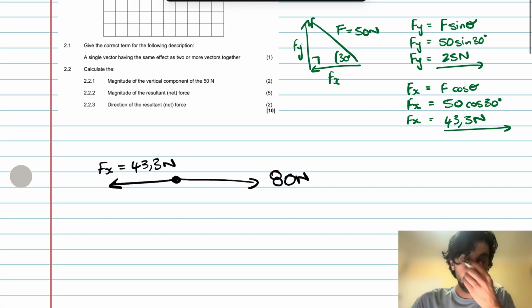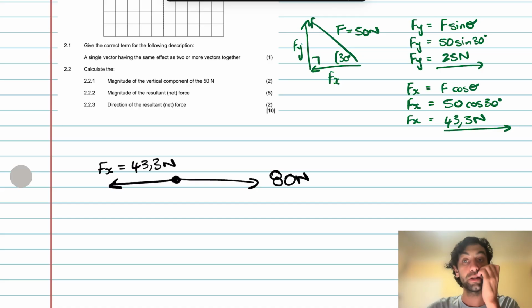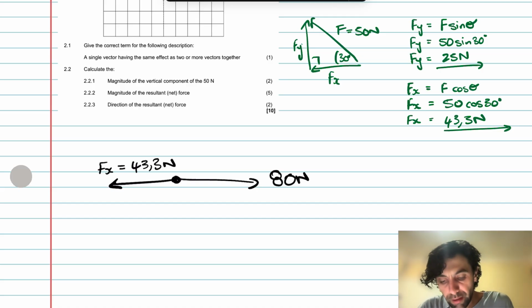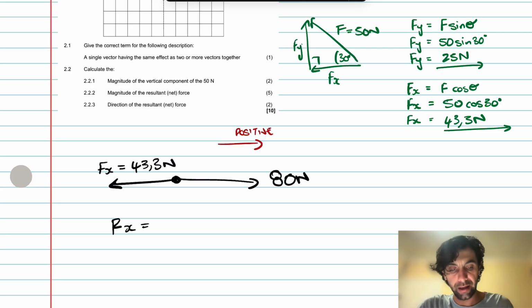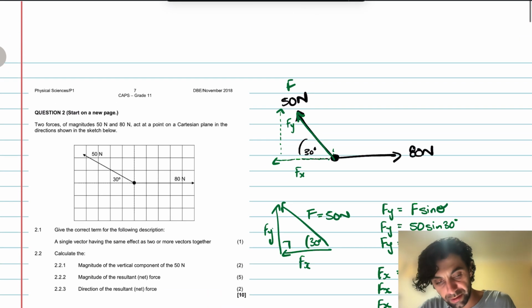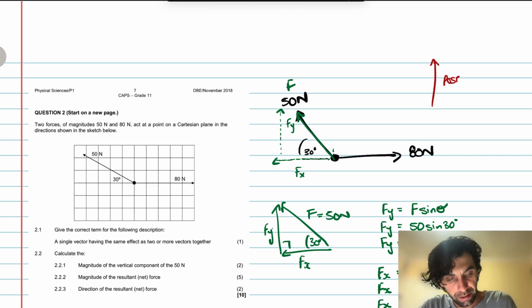So if I wanted to resolve just the horizontal forces acting on this point, I would write something like Rx is going to be equal to, now I'm going to choose quickly the right direction as my positive direction. And generally what we do is we like to take up as our positive direction when working with these.